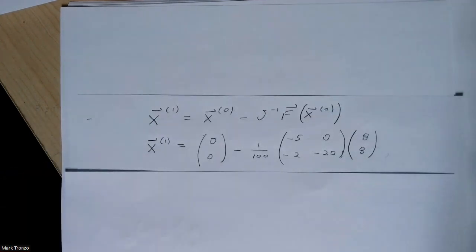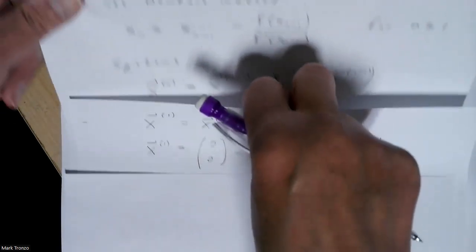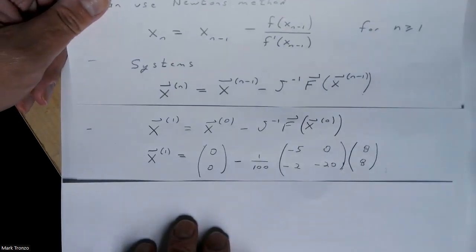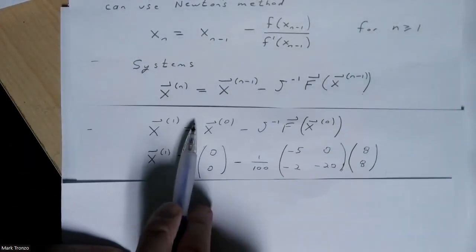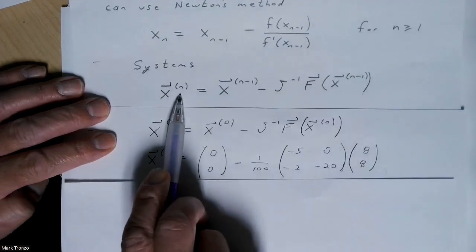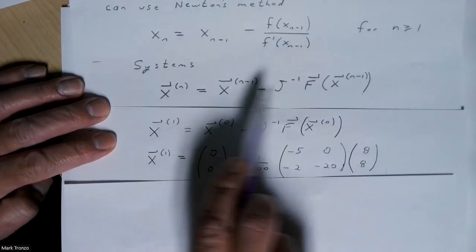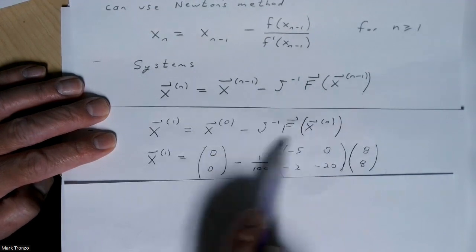So again, you see what we're doing here. Let me just line these all up. We're taking this equation here, starting it at n equal 1. So when n is 1 here, this is 1, this is 0. These are evaluated at x0.